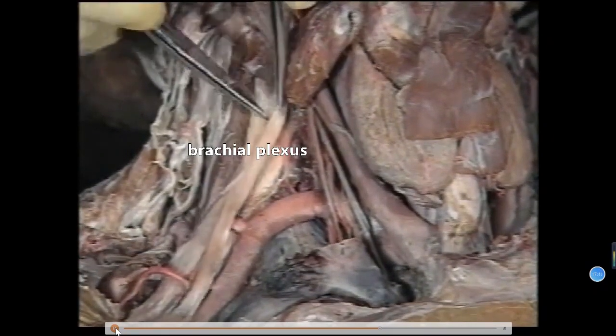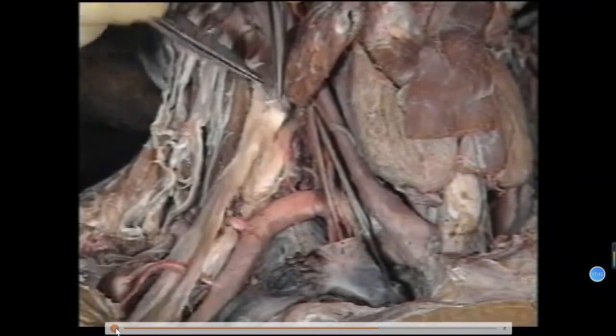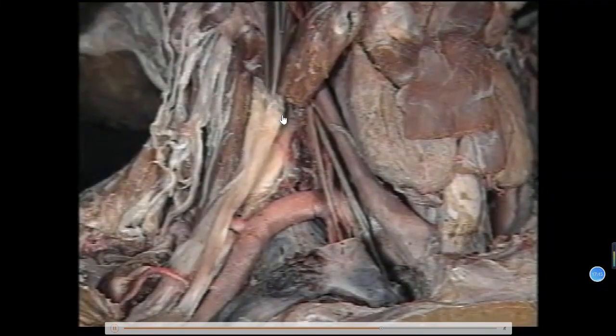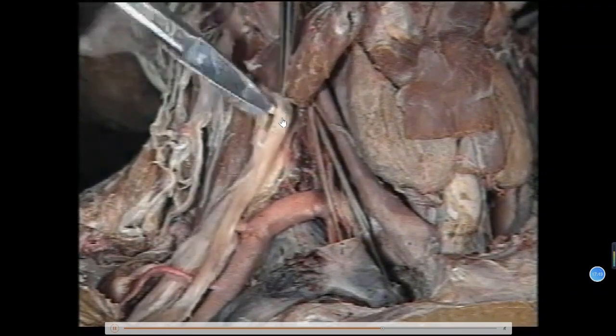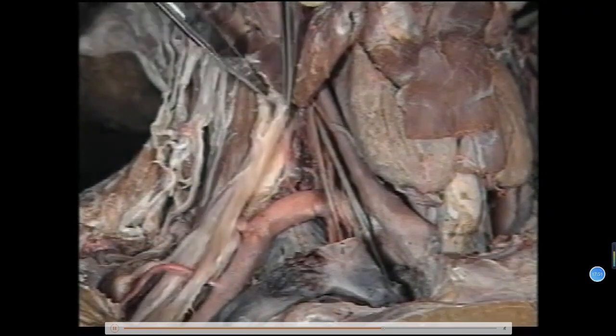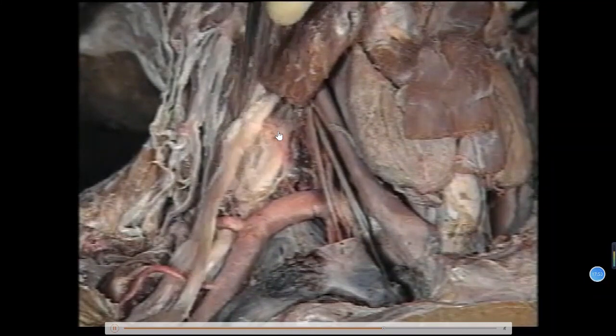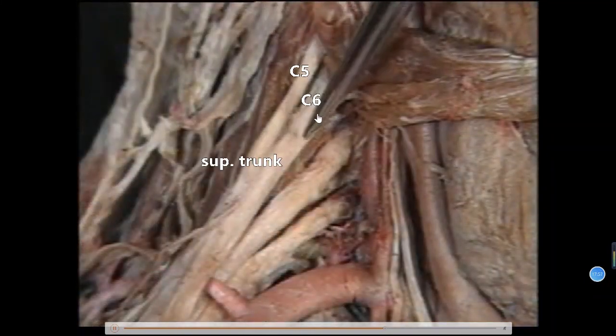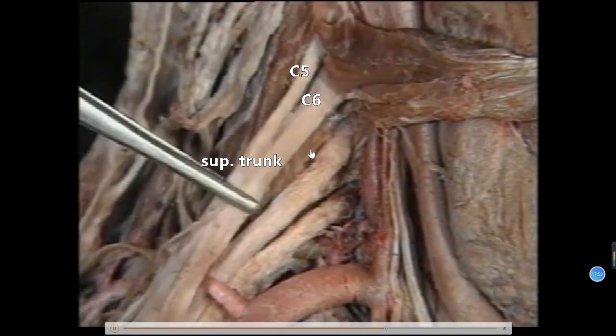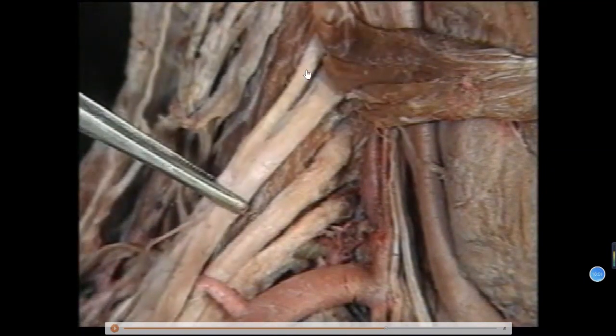Here, let's dissect the brachial plexus. The brachial plexus is formed from C5 to T1. C5 and C6 together form a trunk, the upper or superior trunk of the brachial plexus.